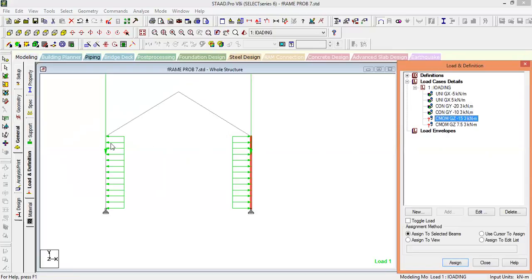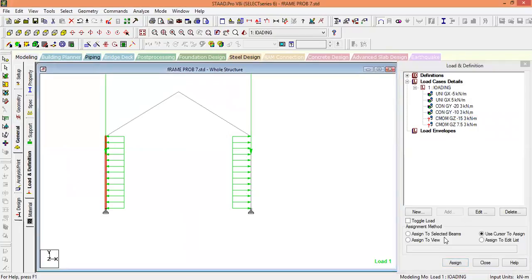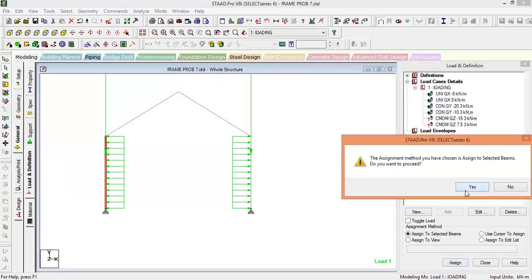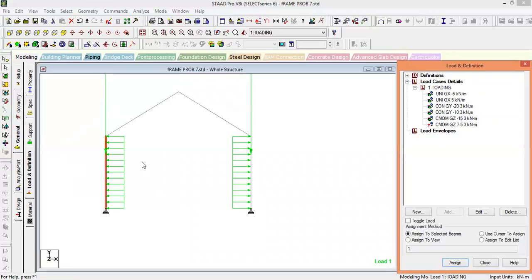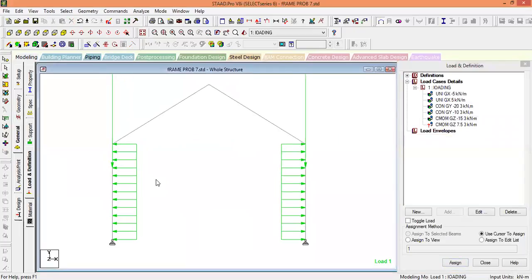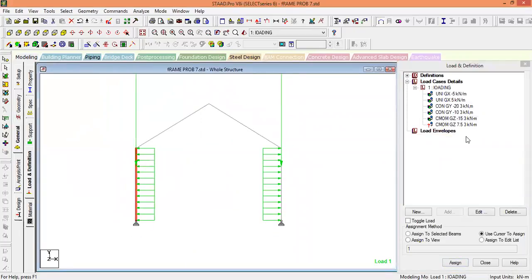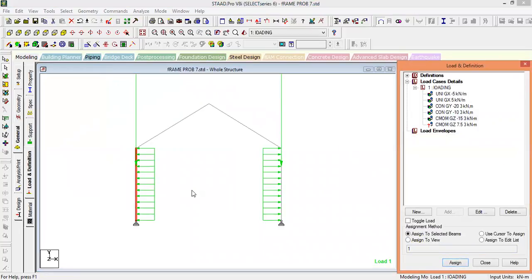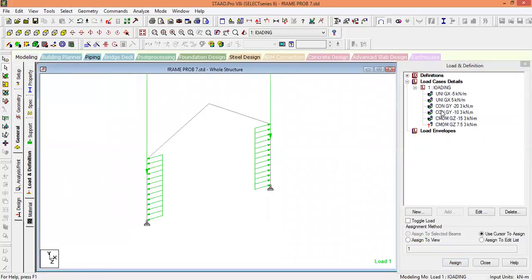Next we will go to the moments on this member. It is acting at, to be selected. It has been assigned.